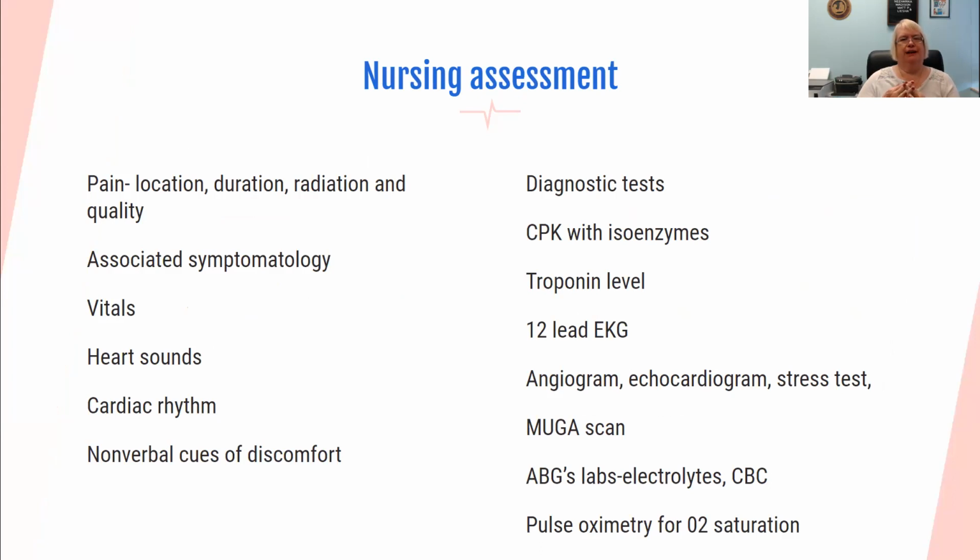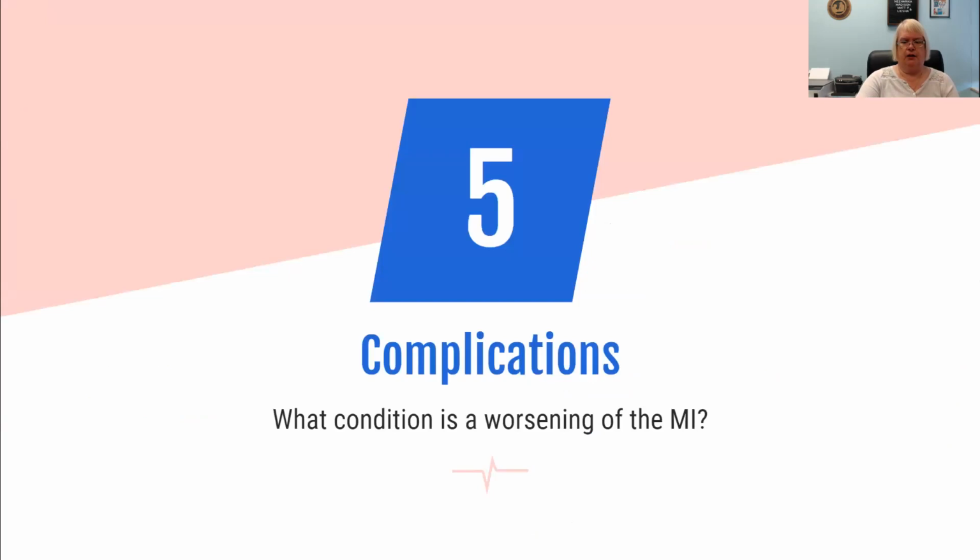Then you're going to be looking at diagnostic tests: the CPK with isoenzymes, the troponin level, the 12-lead EKG, the angiogram, the echocardiogram, the stress test, the MUGA scan, ABGs, labs, the electrolytes, the CBC, and of course, a pulse ox for O2 sat.